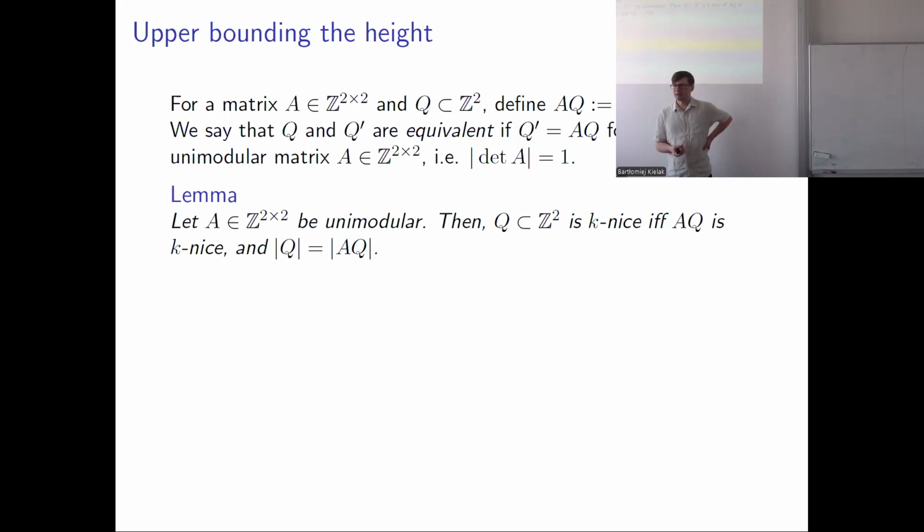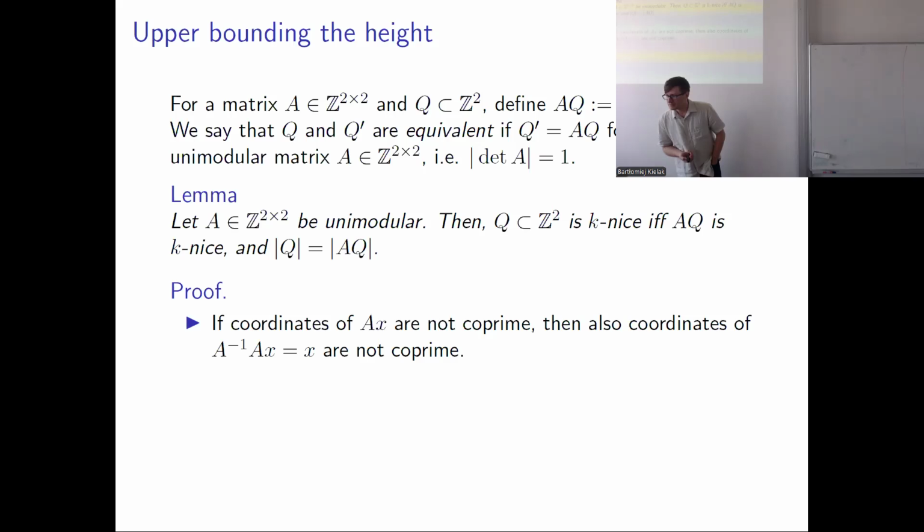And what you can expect is the following lemma: if I have some k-nice set, then this property of being k-nice is preserved by applying unimodular matrices. What is the reason? Let me just give a few words of explanation.